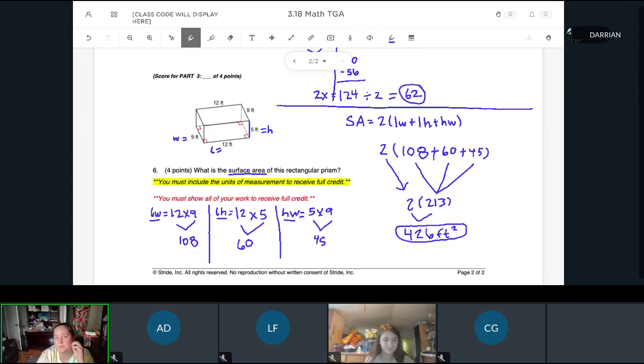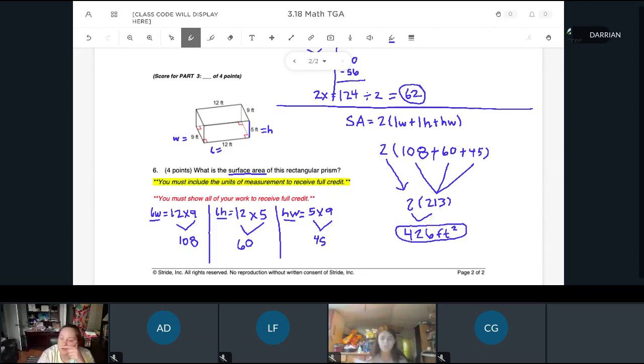Alex, I labeled them. Yeah, this is an H right here, if that's what you're asking. H, L, and W. So width, length, and height. Was number 1 squared?